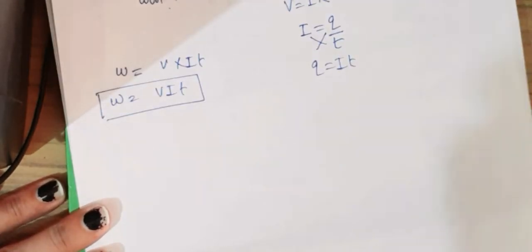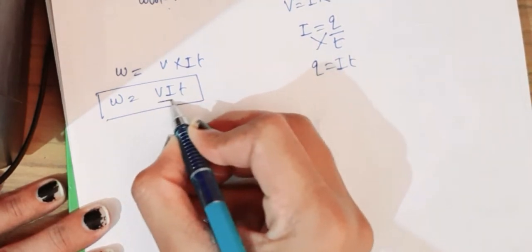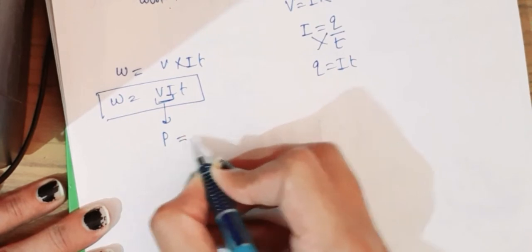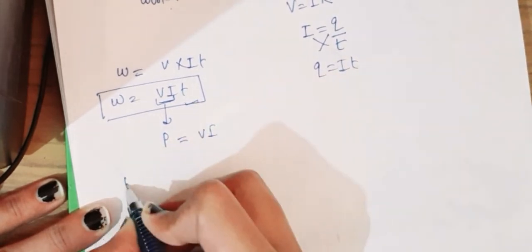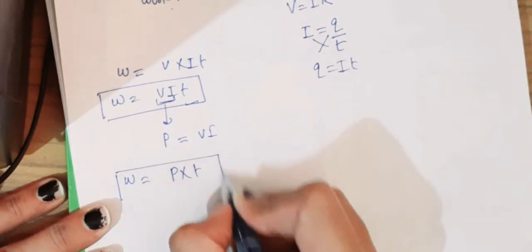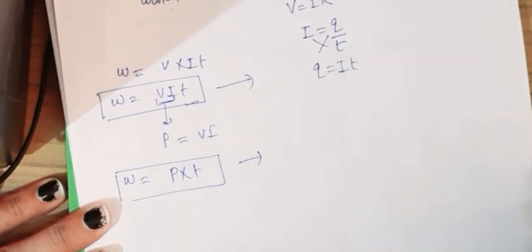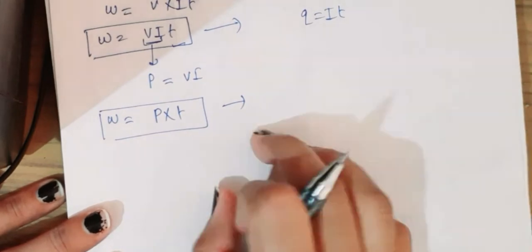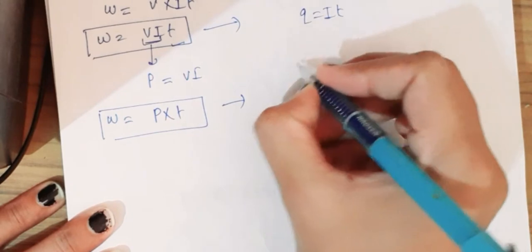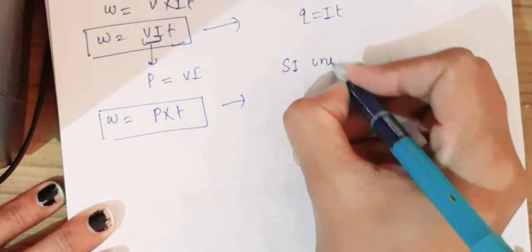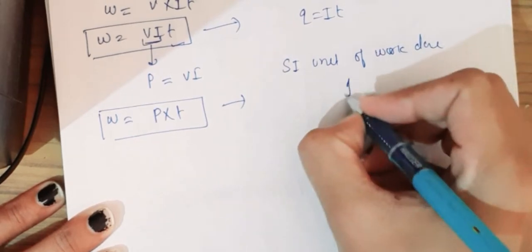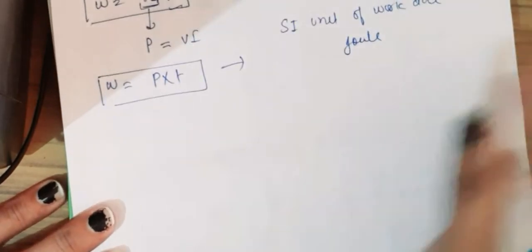Also we know that VI is called power, so power is equal to VI. So we can write W is equal to P into T. This is another relation, used in various numericals to calculate work done. The SI unit of work done is joule.